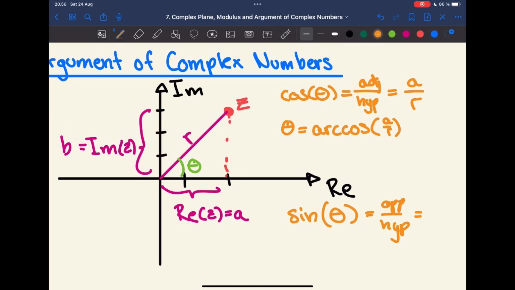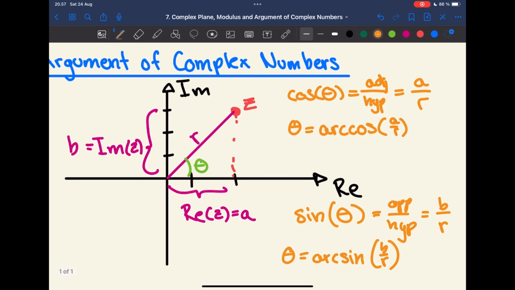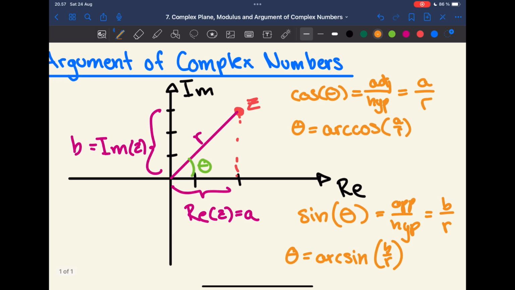So we can just write that it's equal to b over, and of course the hypotenuse is still r. And again, we can find theta as arcsine of b over r. But you have to be careful here because, as in all cases, this angle is not unique, because you could also go around here. If you add 2 pi, then you would come back to the exact same place.